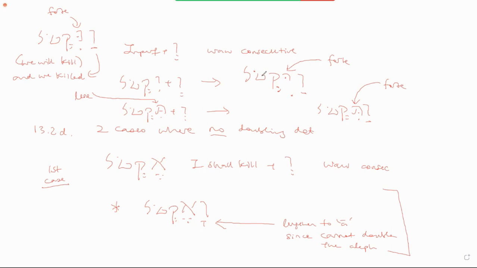Then the second case, 13.2D, the second case where there is no doubling dot. This one is some irregular imperfect forms. Irregular means it doesn't follow the rule, so sometimes it is not doubled.